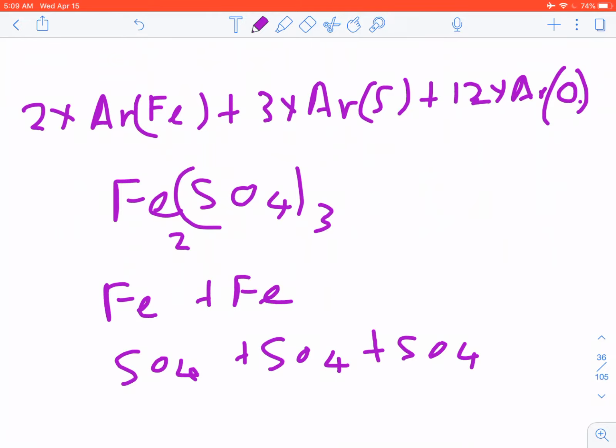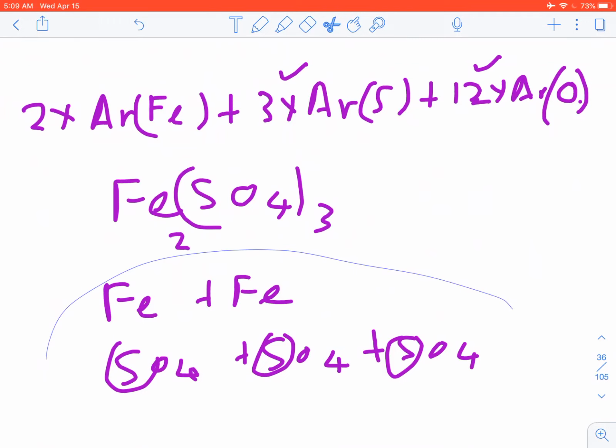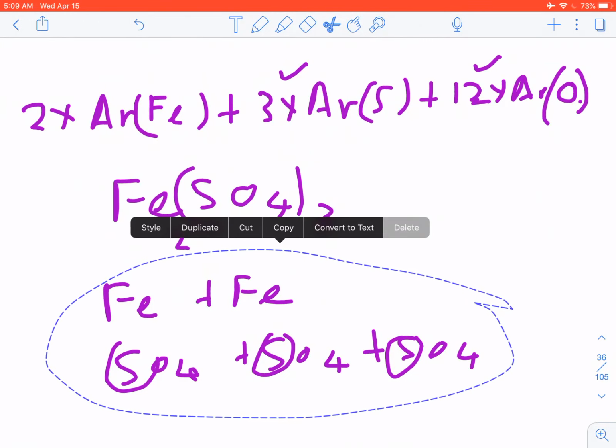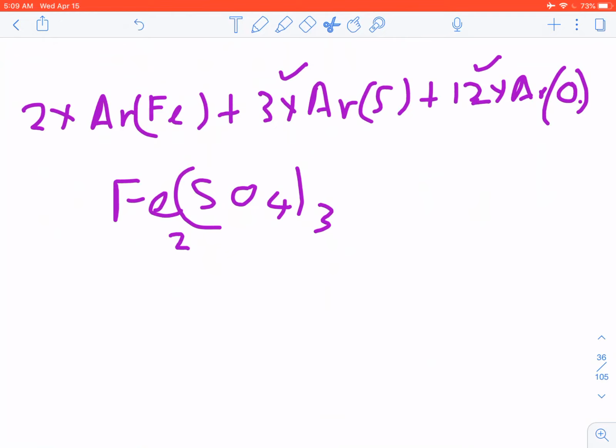So it's 1, 2, 3 there, and it's 4, 8, 12, so it's 12 oxygens there, right? Okay, so our AR for this would be 2 times that for Fe plus 3 times S.